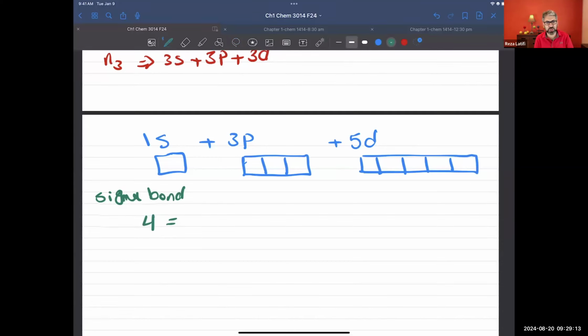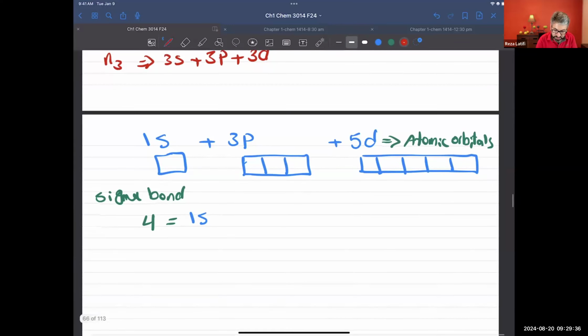Start using these atomic orbitals. Okay, so I'm gonna call them atomic orbitals. Start using those until you make it to 4. From s, we can use only 1.